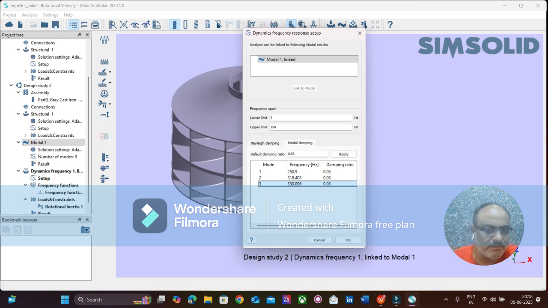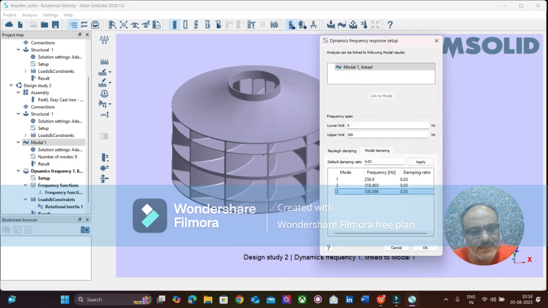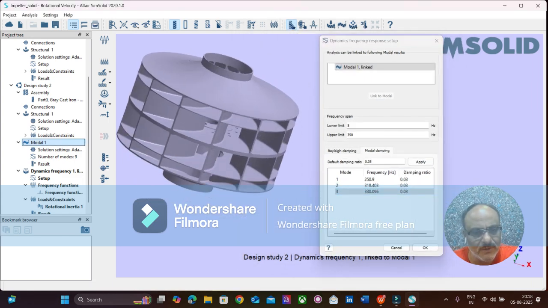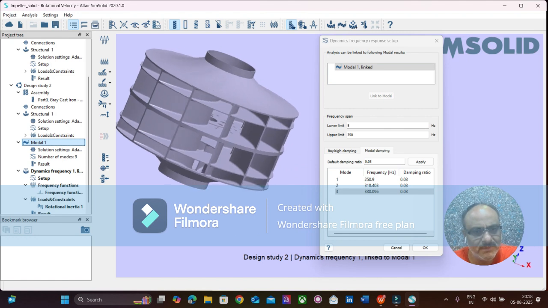So here you will find the plates. Each plate is welded. These are the vertical blades, and these are the horizontal stiffeners, the top and the bottom stiffeners, and the central disc, and then the top shroud, and you find the top crown. So similarly you will also find the bottom shroud and the bottom crown.